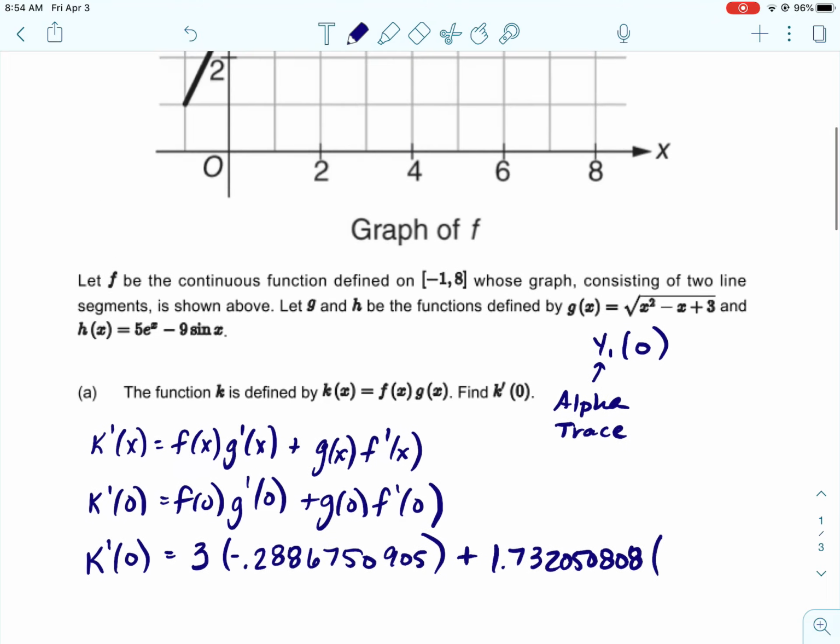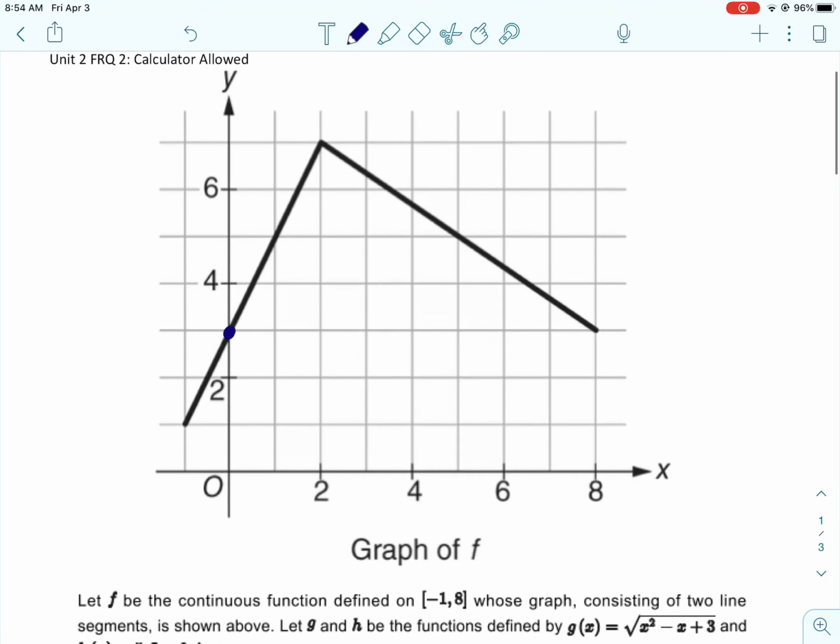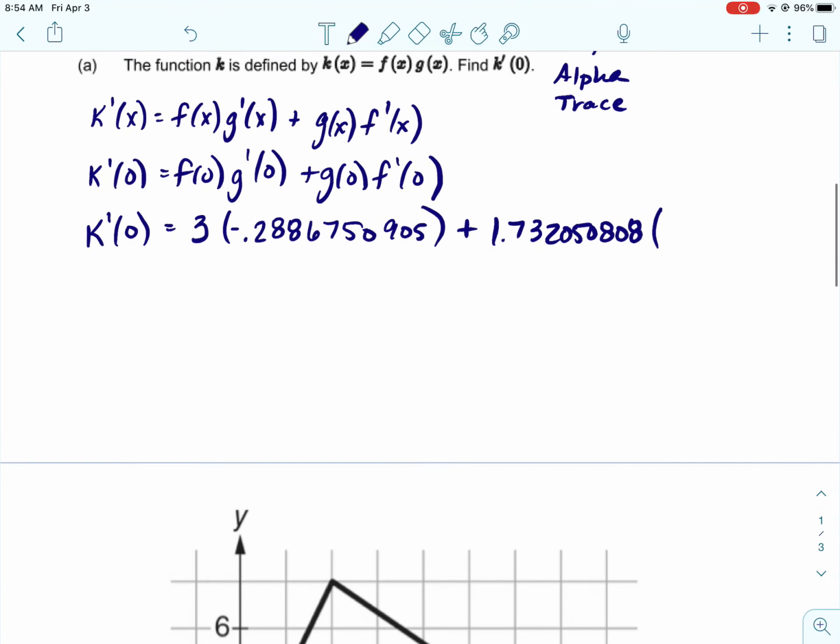We're just going to go ahead and write the whole thing out. All right, and then we're going to multiply that by f prime of 0. f prime of 0 is going to be the slope of the line when x is 0, and the slope of that line is 2.